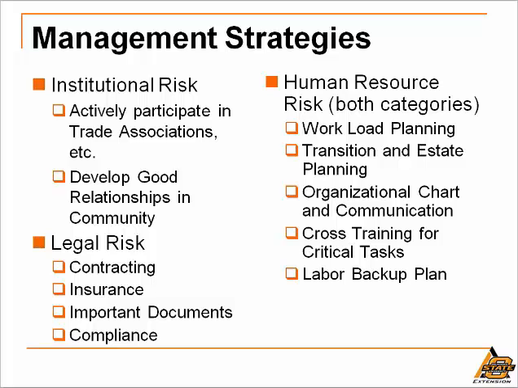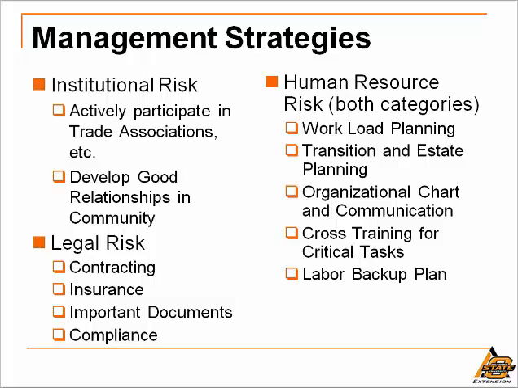The keys to mitigating the impacts of human risks, both personal and personnel, are communication and planning. Having that organizational chart in place that we talked about in an earlier session that spells out who is responsible for what and who reports to who else within the operation, along with open communication channels, can go a long ways toward avoiding human resource disasters.